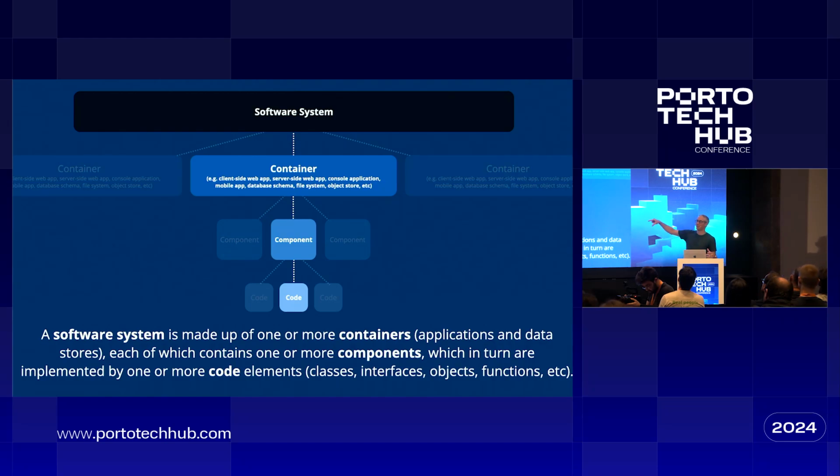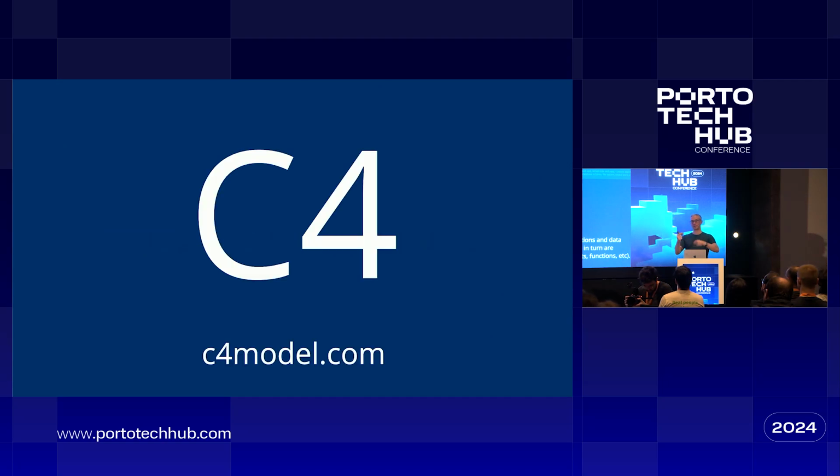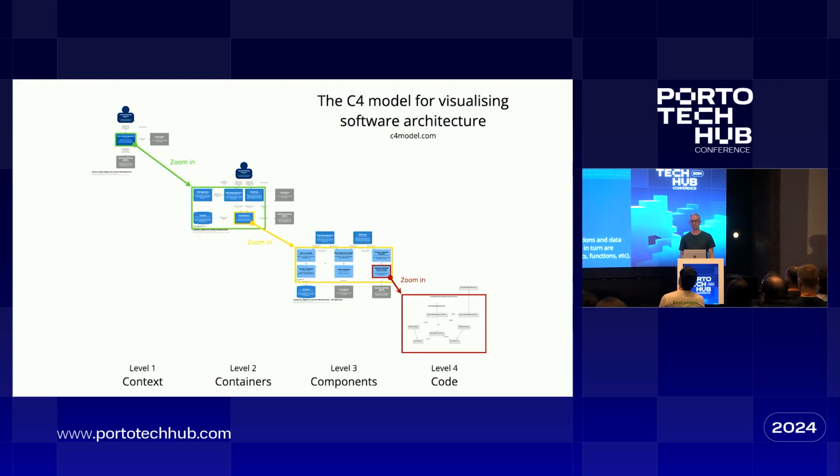So that bottom level represents the constructs we have in the languages that we are using to build components. And that's it. So a software system is made up of one or more containers. Containers contain components, components built from code. That's the set of abstractions. And I find you can describe most software systems of various scales and complexities using those four abstractions.